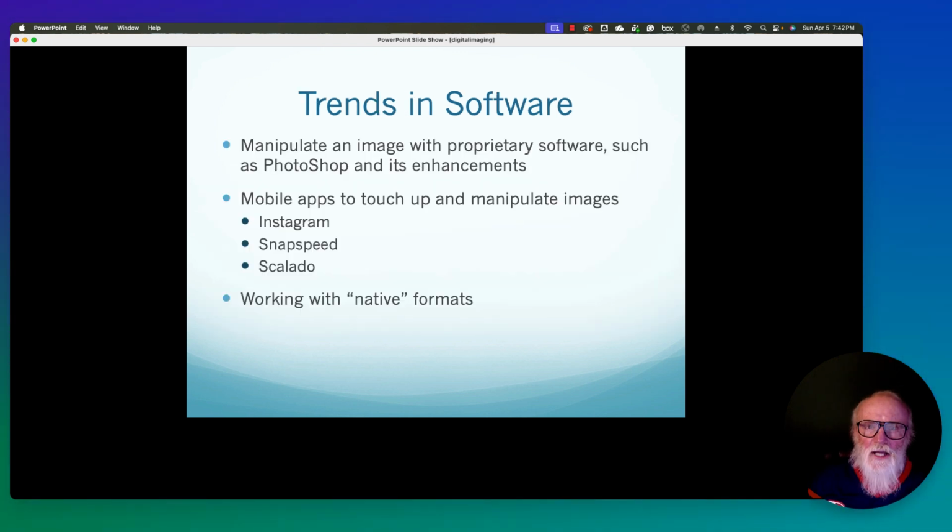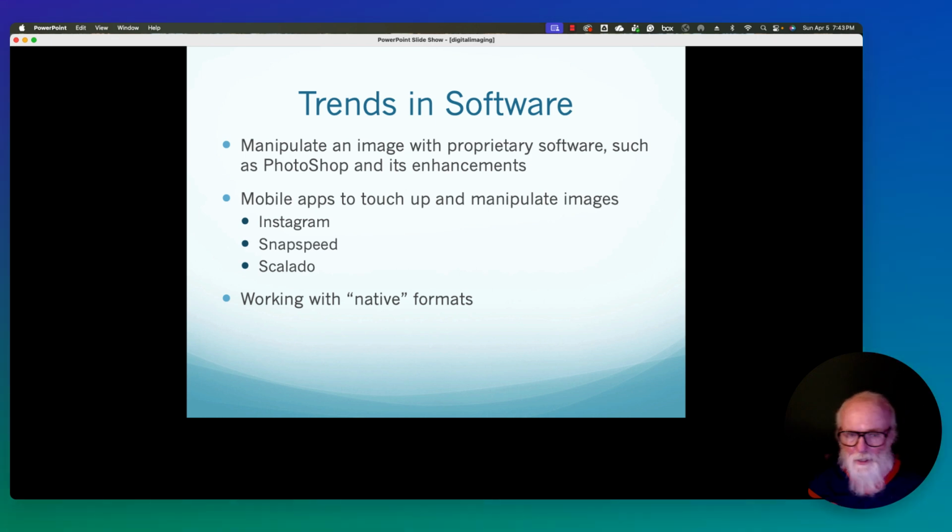Okay. Now, what are the trends in the software, though? Well, the trends are manipulating images with proprietary software, which is often built into your camera, or using something like Photoshop, which keeps coming up with new ways for you to easily manipulate your images. And then, of course, mobile apps also often allow you to touch things up.